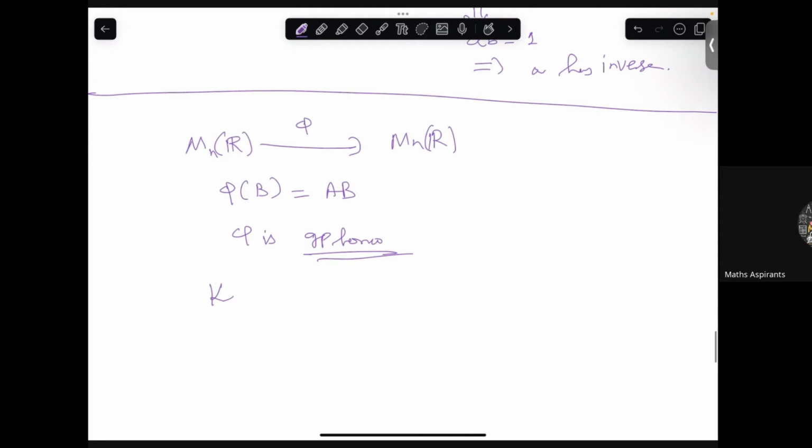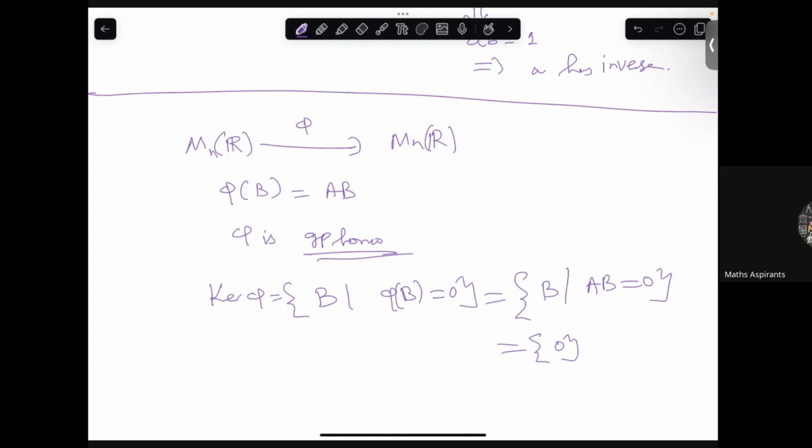And look at the kernel. What is the kernel? The set of all b such that phi of b equals 0, which is the same as saying the set of all b such that ab equals 0. I know the property saying that whenever ab is 0, b must be 0. So that says clearly that it's a singleton.